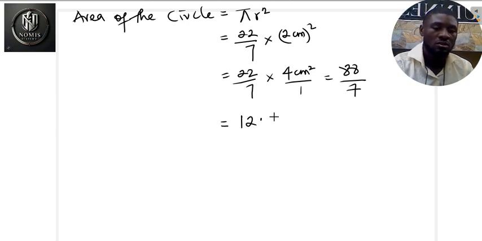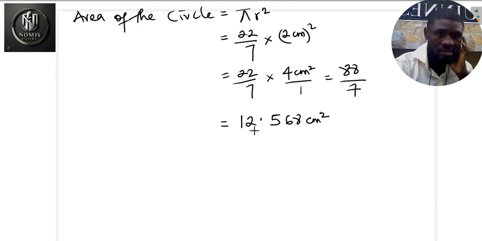In 40, so we have 5, remainder 5, so we have 6, 8. So this is 12.568 centimeter squared. So this is the area of the circle, the entire circle.